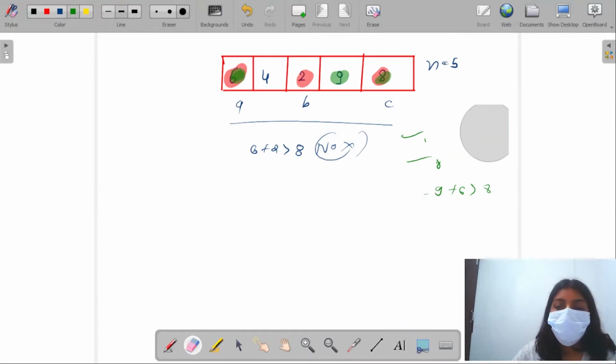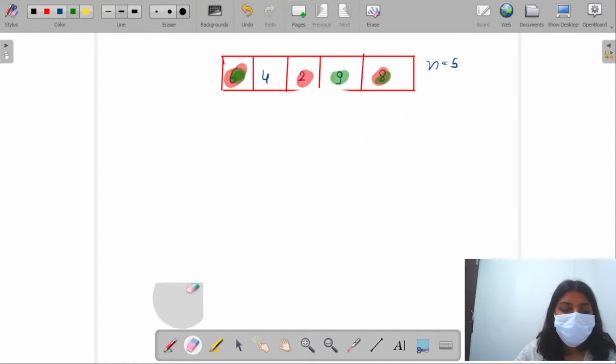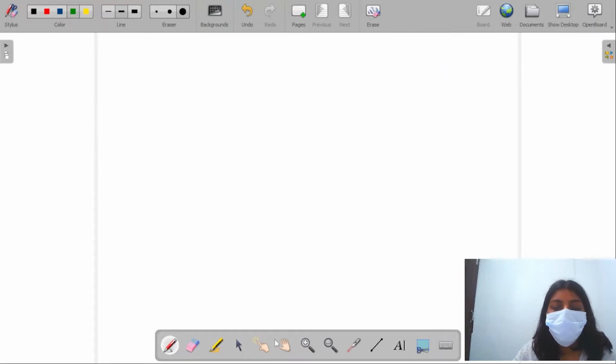Now, what if I sort my array? If I sort my array, it becomes 2, 4, 6, 8, 9. So this is my array now. Let's erase and make another array.